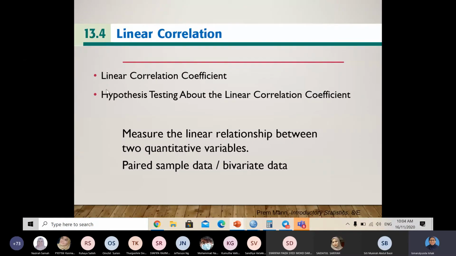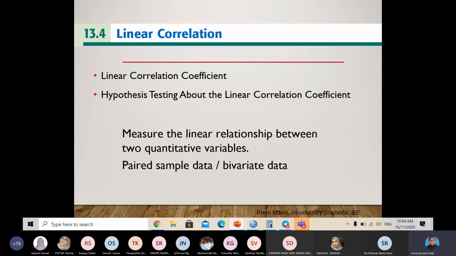Linear correlation coefficient. We measure the linear relationship between two quantitative variables, paired sample data, bivariate data. So this is the same family as regression, because we measure the relationship between two quantitative variables.